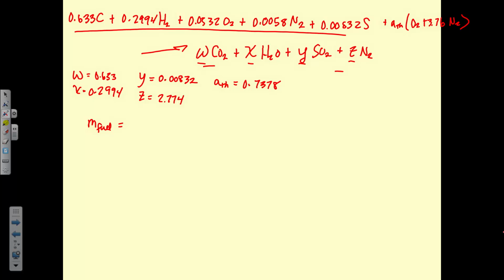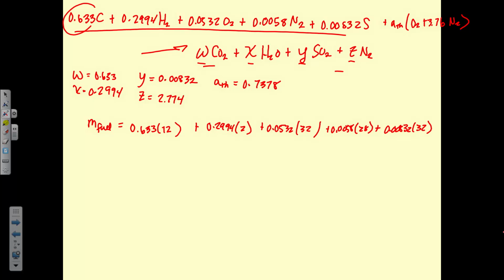Okay, so the mass of the coal coming in is 0.633 times 12 plus 0.2994 times 2 plus 0.0532 times 32 plus 0.0058 times 28 plus 0.00832 times 32. Okay, so we're multiplying our molar number times the molar mass of each of those.